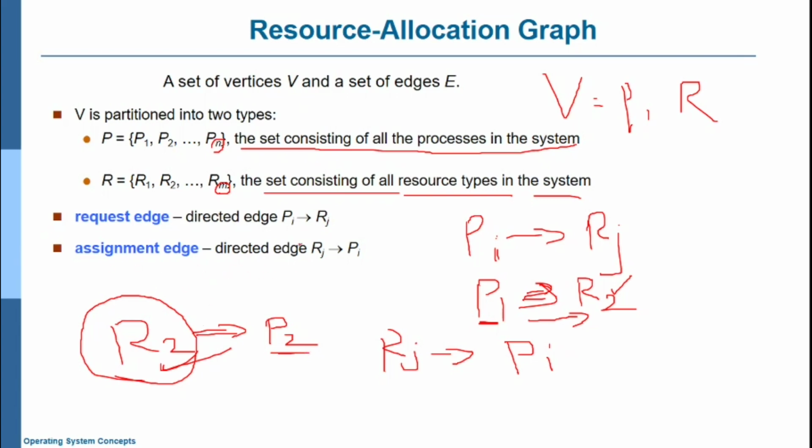You can please go through this, and if you have any confusion, you can see it once again. I'm telling you, the request edge is a process requesting a resource. A process requesting a resource is called a request edge. A resource assigned to a process is called an assignment edge, meaning the resource is already being used by that particular process.